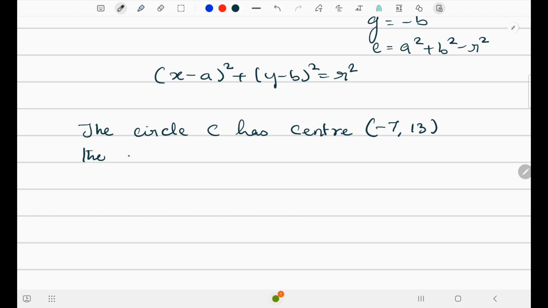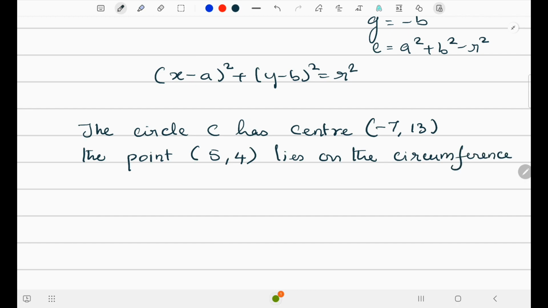The point 5, 4 lies on the circumference of the circle. Find the equation of the circle.